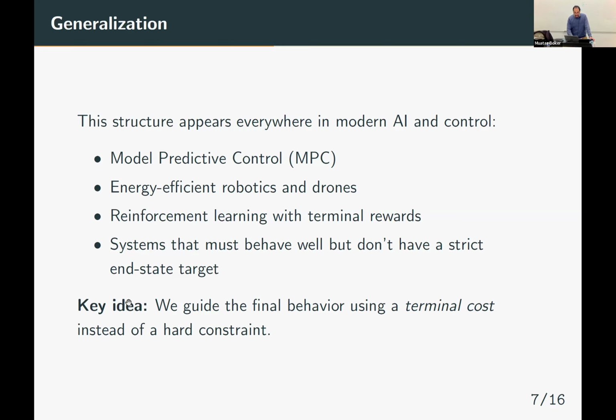So this is the key idea: we want to guide the final behavior of the system using a terminal cost instead of a hard constraint. We don't want the position and velocity to be, let's say, 5 meters and 6 meters per second, for example. It's not that. So it's not a hard constraint on the final state.